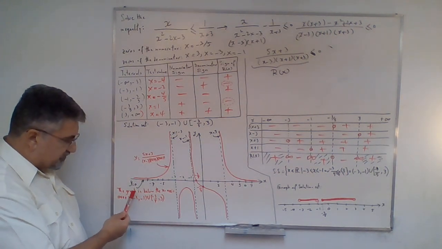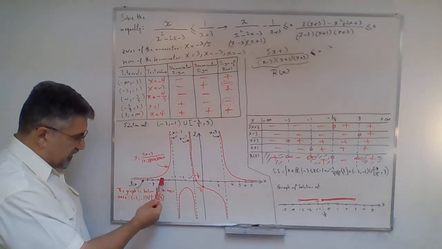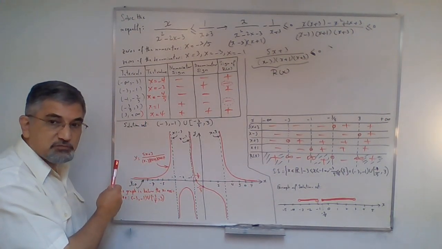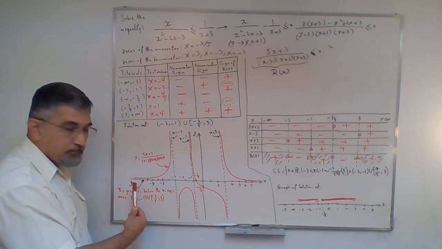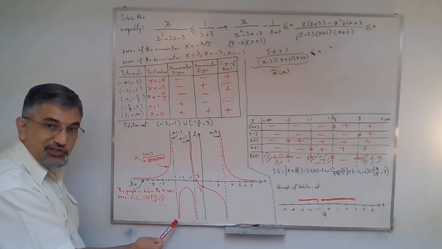So here I say the graph is below the x-axis over this interval. So look at the graph. Up to -3, the whole graph is above the x-axis in the positive region, which means that r of x is positive. But then between -3 and -1, we have r of x negative, because it's below the x-axis clearly.